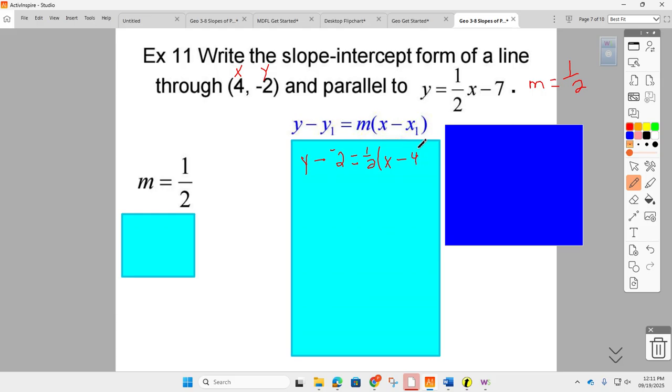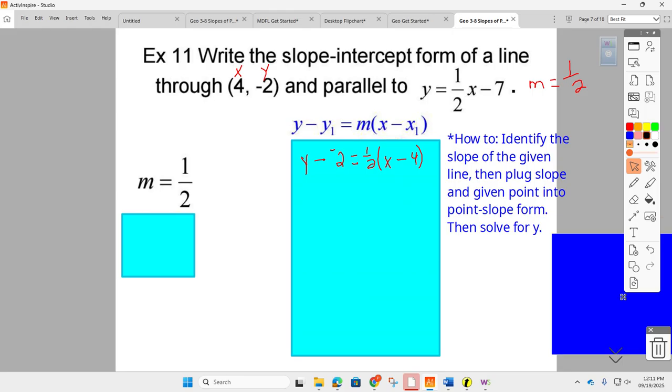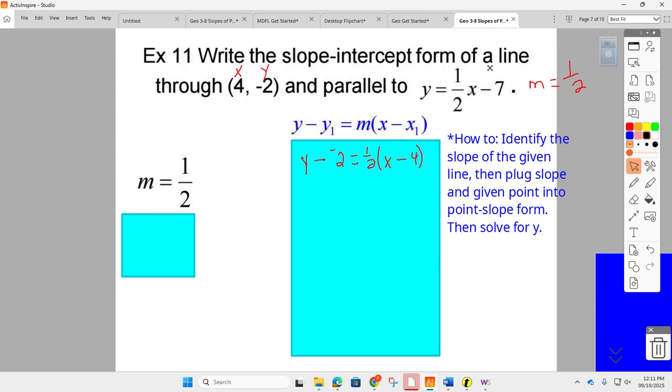So to solve this, you don't have to write this first part, but we're identifying the slope of the given line. Then we're plugging the slope and the point that they give us into point slope form. Then we solve for y. So that's what we're going to do now. We've got a slope plugged in, and this point, y minus negative 2 is y plus 2.